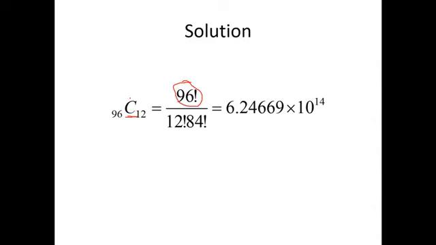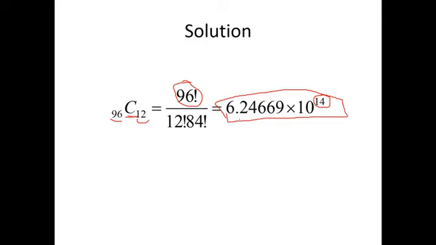So in this way, we've got combination 96 choose 12, and again all the calculations associated with this. Now again, this one did go to exponential notation. So times 10 to the 14th.